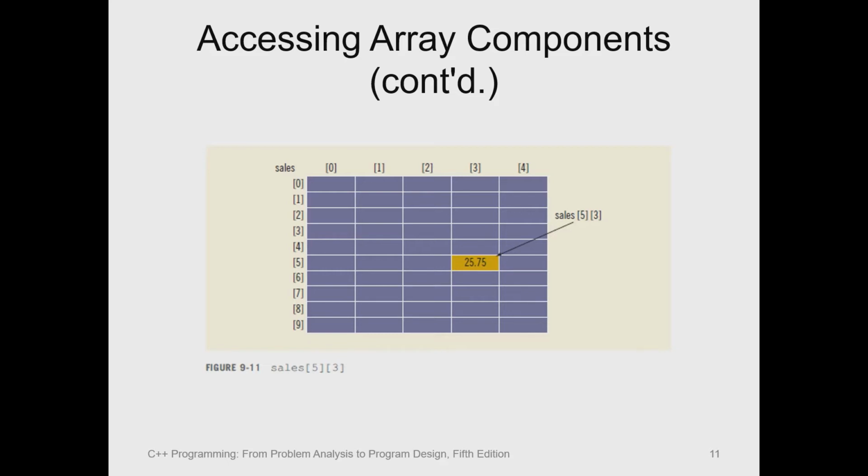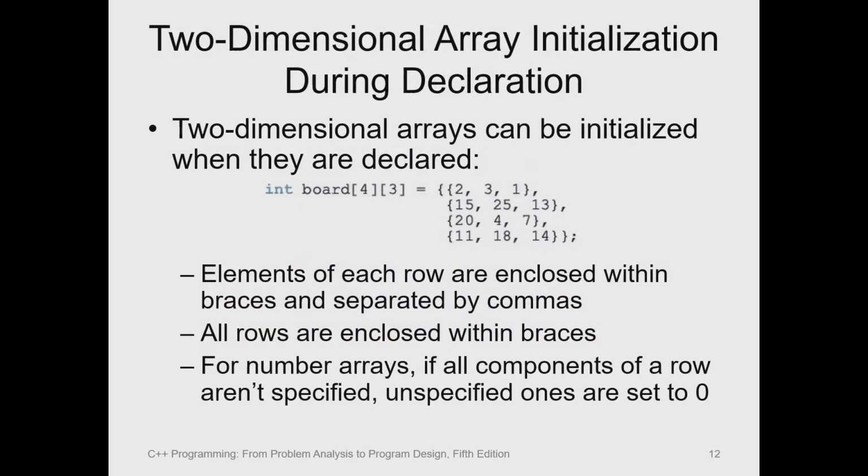For the next one, which is 15, 25, and 13, that will be assigned in row 1: column 0 is 15, column 1 is 25, and column 2 is 13, and so on and so forth. Elements of each row are enclosed within braces and separated by commas.